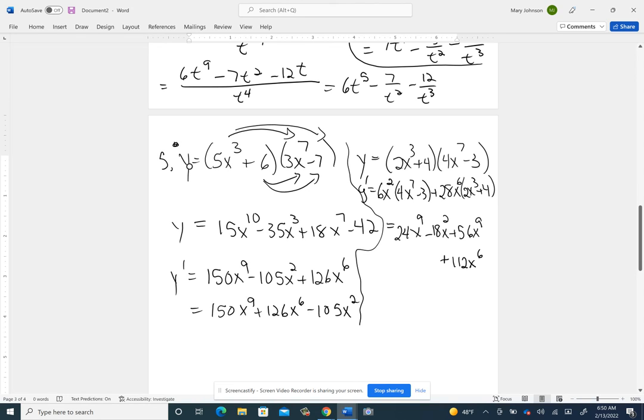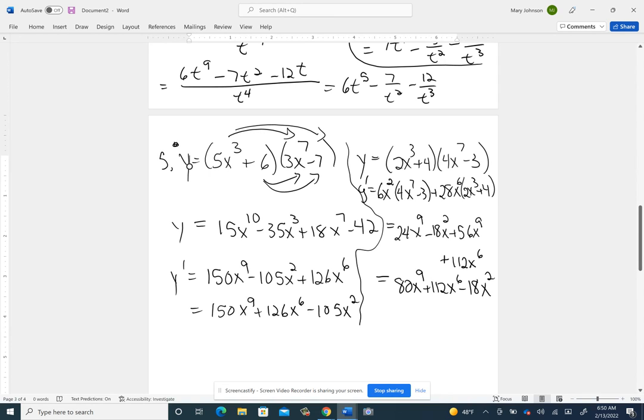Let me check that right there. 4 times the 28 would be 32. That would be 112x to the 6th, excuse me. And so then I would wind up with 24 and 56 would be 80x to the 9th. Then I'd have the 112x to the 6th minus 18x squared.